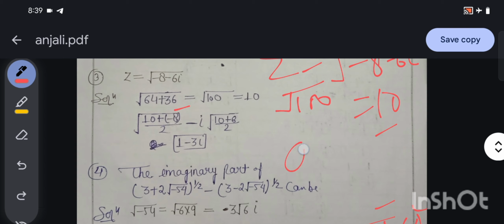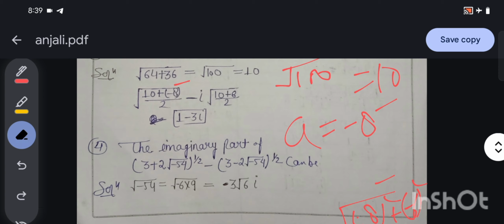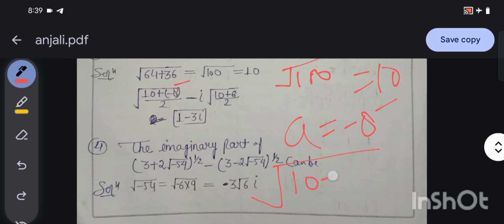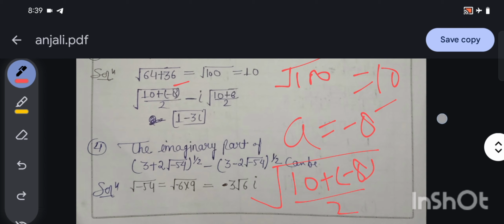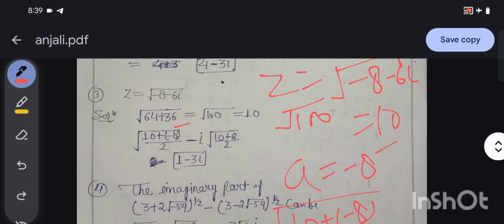Then what is the value of a? a is equal to minus 8. Then we add and subtract the value of a from 10 and divide by 2. So root of (10 plus minus 8) upon 2, first we will use the positive sign. Okay, then what is the sign? Minus.